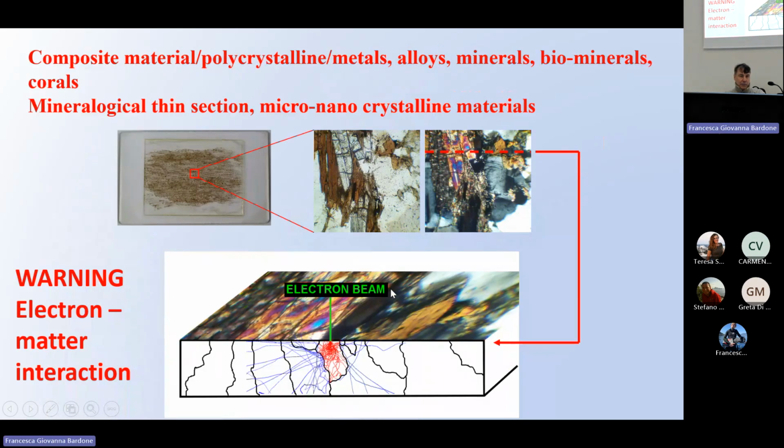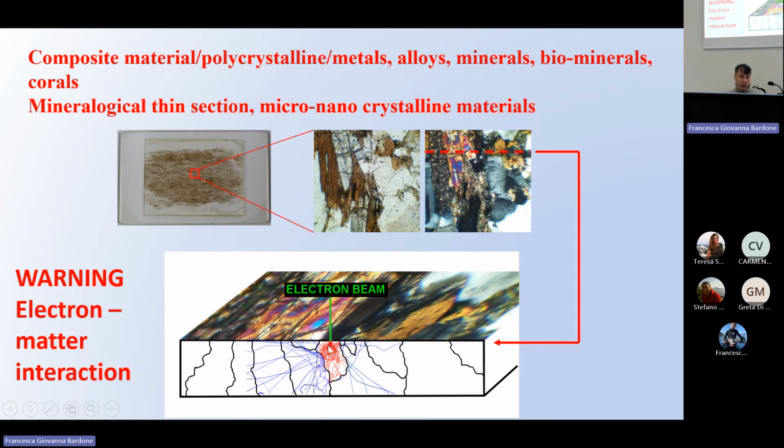And this, for example, is a petrographic thin section from a friend of mine, crystalline rock materials. So we have different types of crystals, different types of minerals on the surface, completely polished. You can have information from the surface, how the surface is made, but when you detect the X-rays, look what happens.